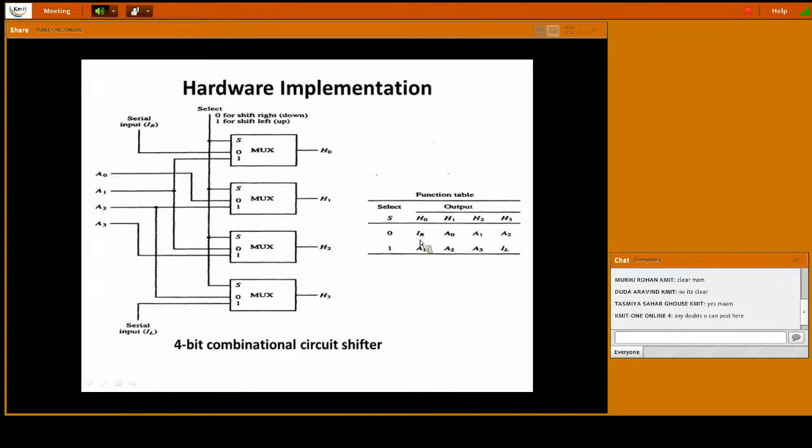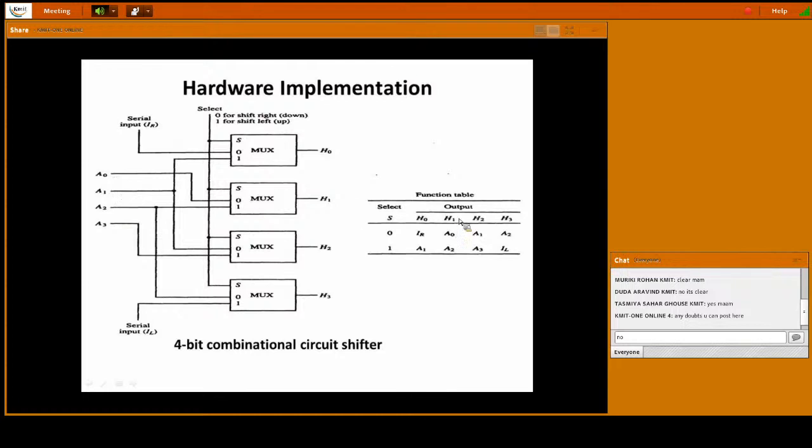IR, that is your serial input, and A1, the second bit of your register. So one input is IR, the serial input. The second input, where we have a dot, is connected to A1.